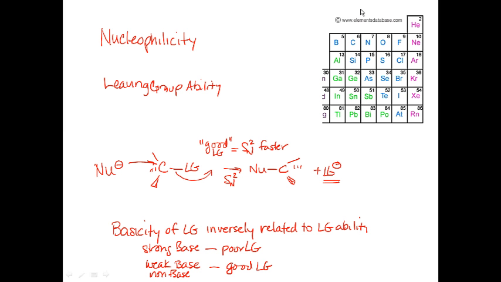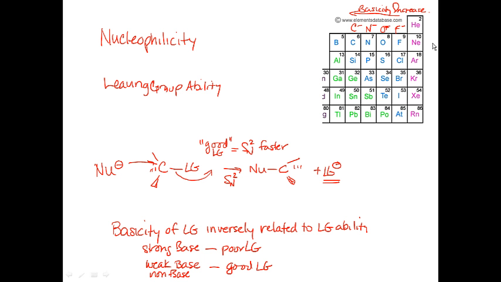So if you don't remember that, basically a C minus, N minus, O minus, and F minus, basicity increases. So basicity increases as we go from right to left across the periodic table. So F minus is a weaker base than C minus. And C minus is a stronger base than N and O and F.